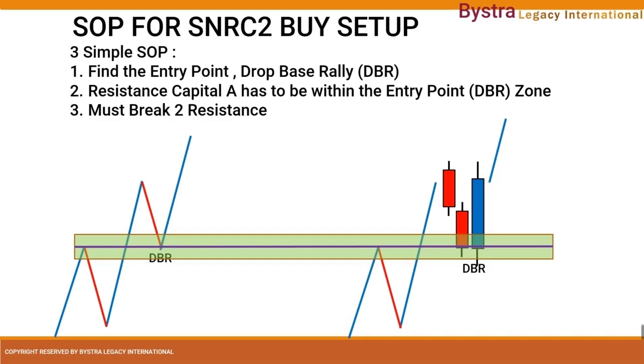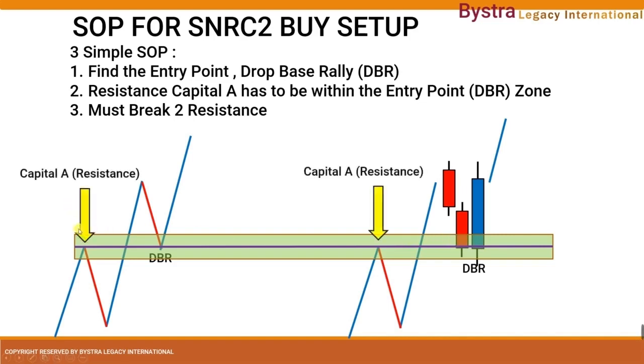The most important part here is that this capital A, or this resistance, must be aligned together with the drop base rally. As you can see, this is aligned together with the drop base rally. So here we can see the capital A, which is the resistance.